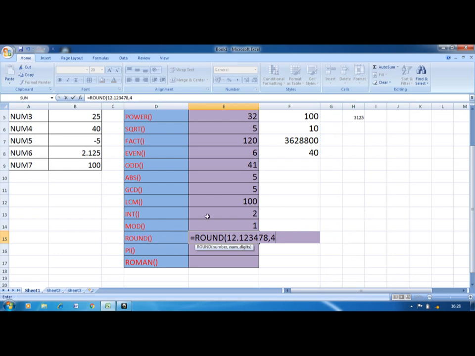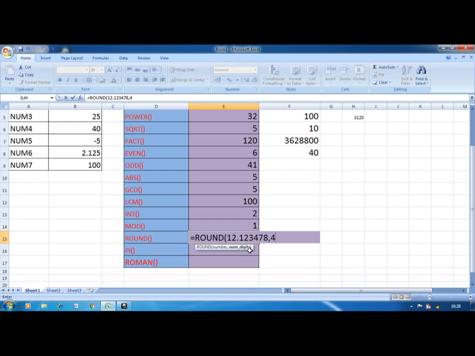So here you can view the syntax. It is a number, comma, number of digits. Which means after the decimal point, how many digits I have to display.